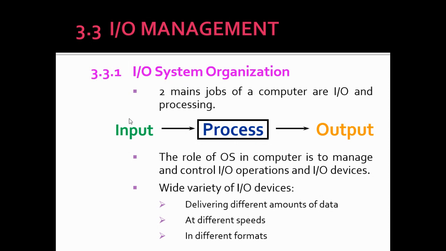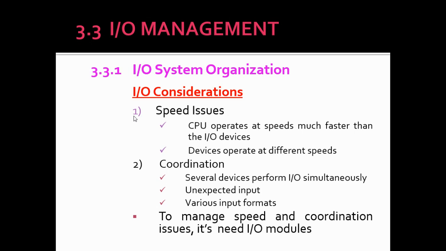Sometimes we have different types of data coming in. For example, the keyboard sends characters. Sometimes when you scan information, it comes in a different format and a different type of data. So the operating system will handle what kind of data comes in at what speed and what format. Next, we look at the speed, how fast or how slow. So the operating system and the CPU will look into this matter.